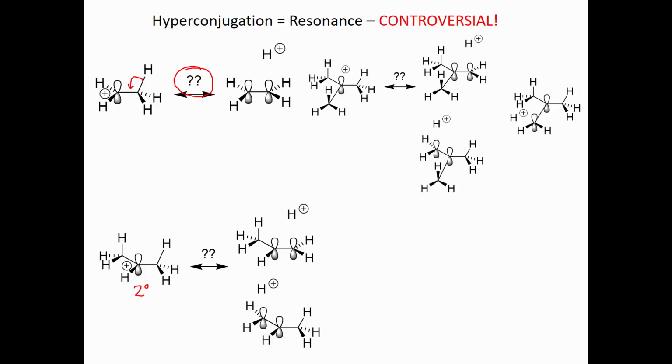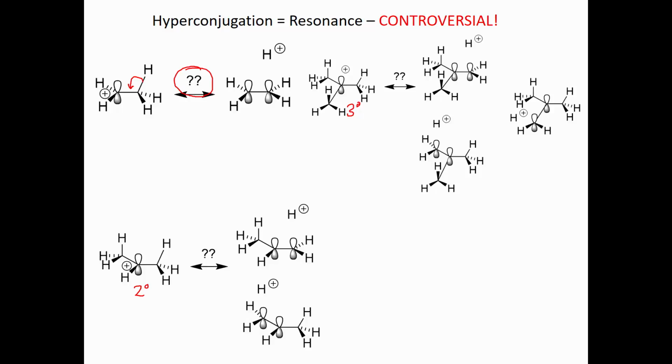So there's more resonance, or more of this hyperconjugative stabilization, when you have a group on either side of the carbocation that has sigma bonds attached to it. And when you get to the really stable tertiary carbocation, of course, you have three groups that can contribute in this way. So this is the origin of the stability.